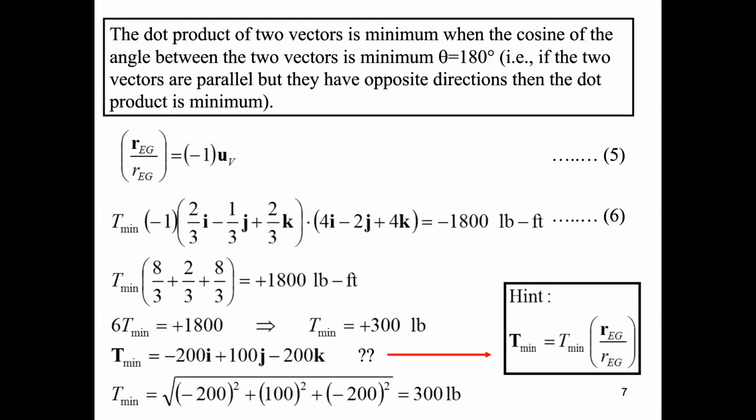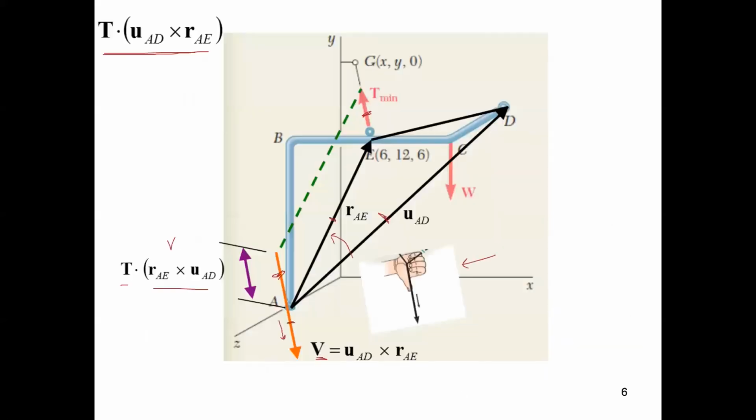This statement means that if vector V and the tensile force vector T are in opposite directions, which they are, and they are parallel to each other, then the projection of vector T onto vector V will be minimum. What does it mean? It means we will get the minimum tensile force in the cable.